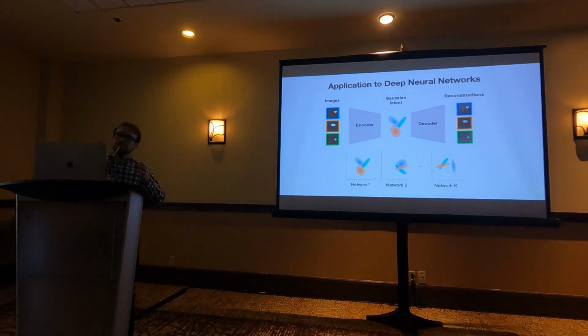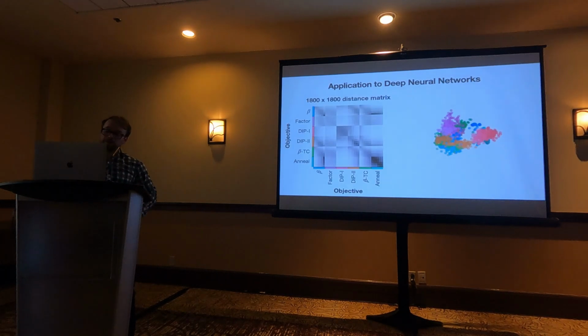And what you see is that each choice of architecture and each choice of objective function gives you a slightly different latent representation. And we wanted to leverage our tool to compare all these latent representations. And importantly, the variational autoencoder adds noise to the hidden layer. So this is a really good use of the stochastic extension of our method.